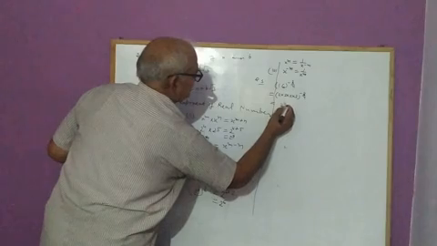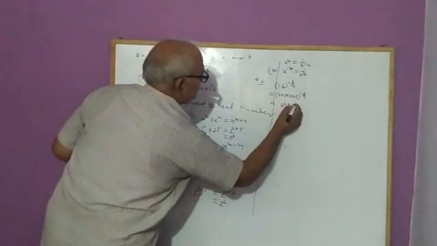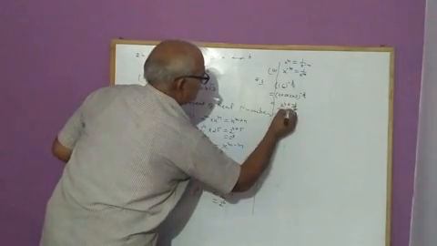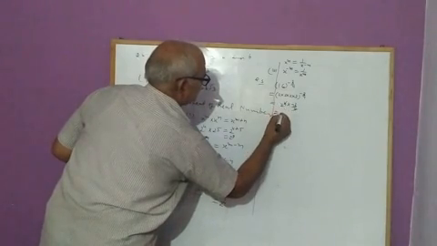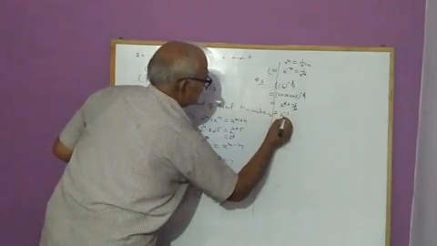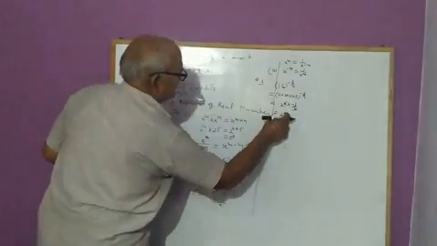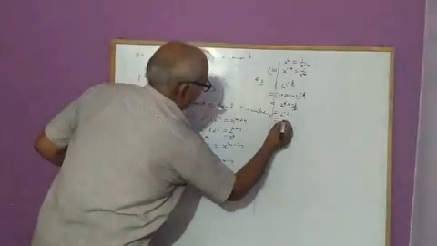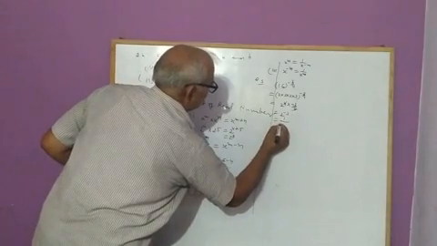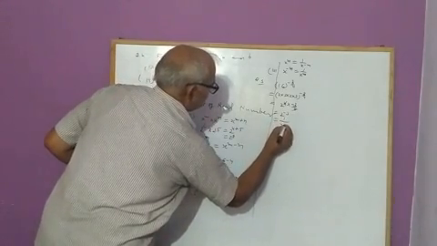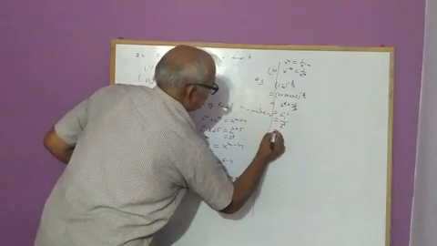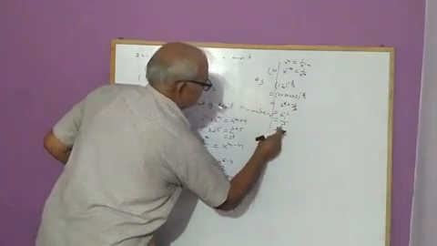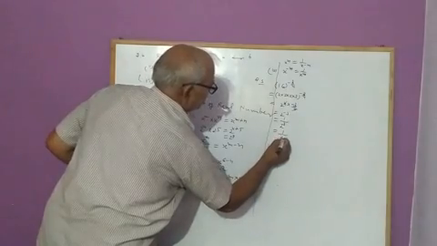Use the formula: minus 3 by 4, the 4 cancels, so 2 to the power minus 3. You cannot write a minus power, so you change the power to plus. So you write this as 1 upon 2 power 3, which equals 1 upon 2 into 2 into 2, that is 1 upon 8.